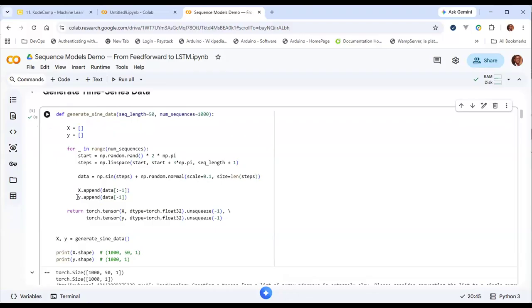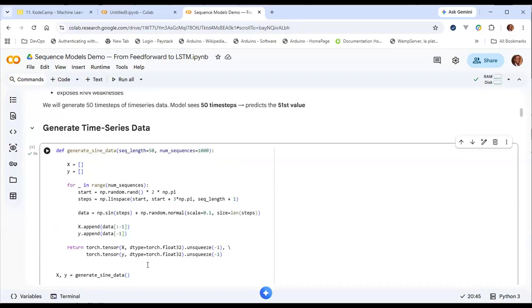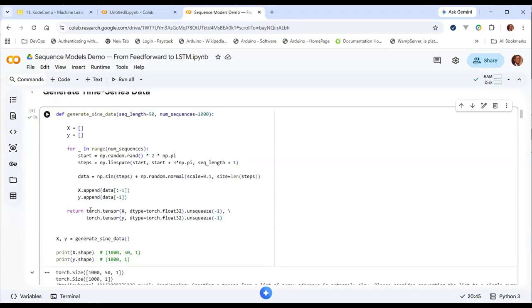Anyway, so this just generates that data, right? And yeah, so this just generates a sine wave.